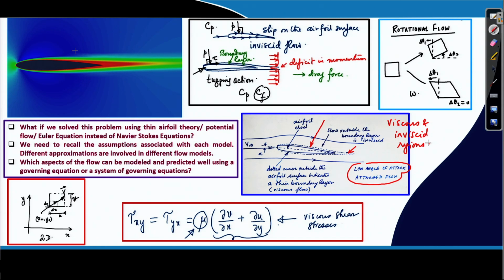and we remember that this flow field that we saw from a computational result was such a flow field. Of course, here it appears that the alpha is 0 degree.